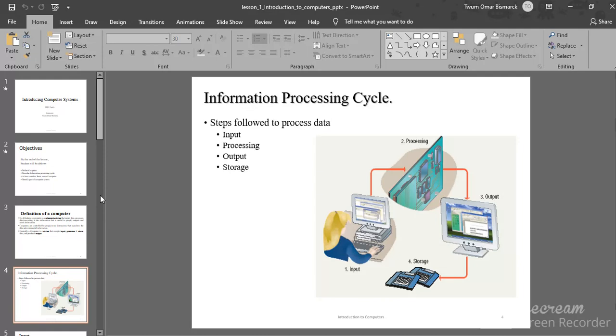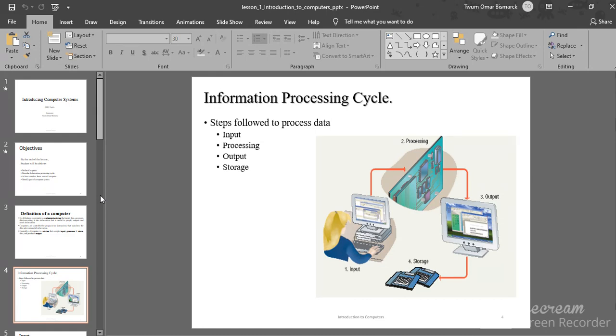When you go to the input, there is a user in front of a personal computer, that's a desktop computer. The user has inserted some information into the system using the mouse and the keyboard, and that information is processed by the RAM.